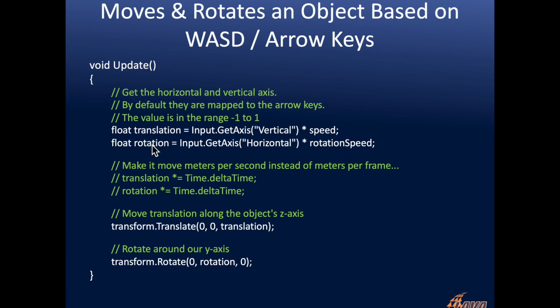Save it into those variables, and then transform.translate 0, 0, translation, feeding it to just the z component. Transform.rotate 0, rotation, 0. Remember, we wanted to rotate around the y-axis, so x, y, z, so we put it in that space. Okay. You can ignore this part for now. We can talk about this in class at another time.